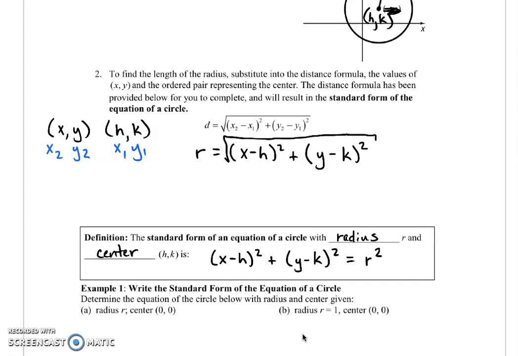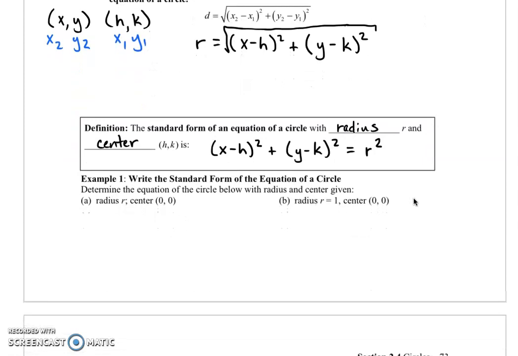We square both sides just to take care of the possibilities of getting any negatives or anything weird happening.